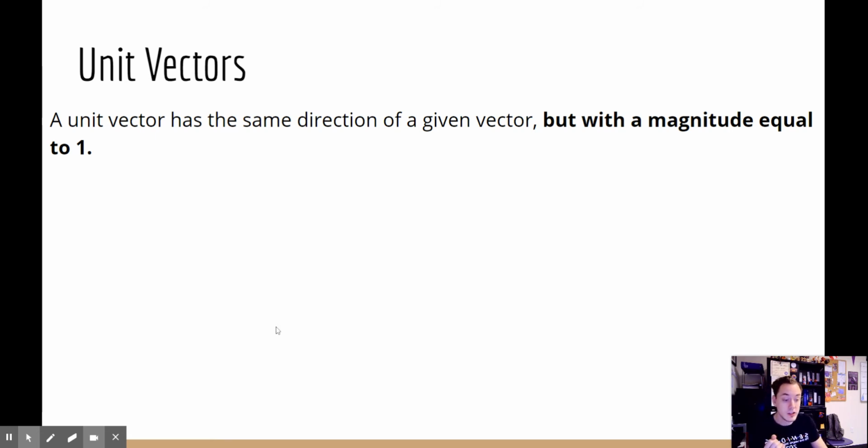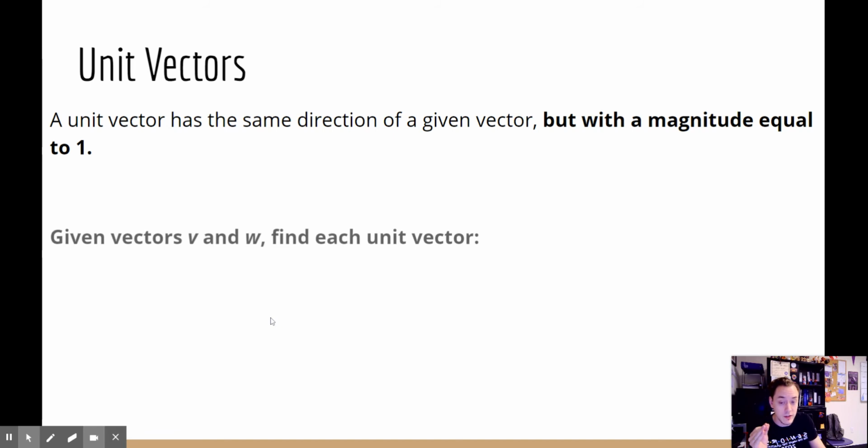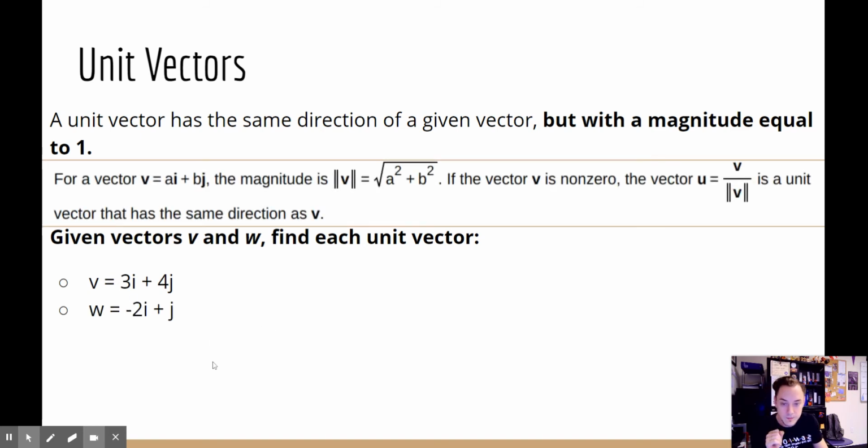So that's essentially like sine squared plus cosine squared equals 1. That's almost exactly the same as a unit vector. Given the vectors v and w, find the unit vector of each. So I'm going to put our vectors down. We're going to be utilizing these again. And here is the formula.